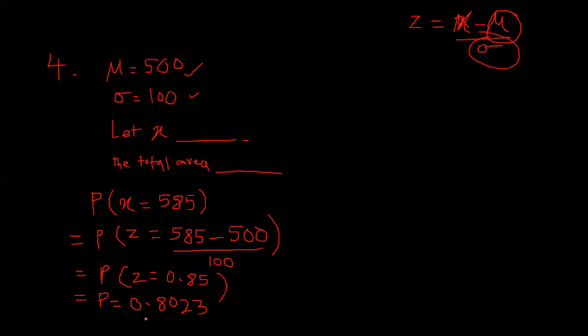We get this value of 0.8023 when we refer to the standard normal distribution table that provides the area to the left of Z equal to 0.85.